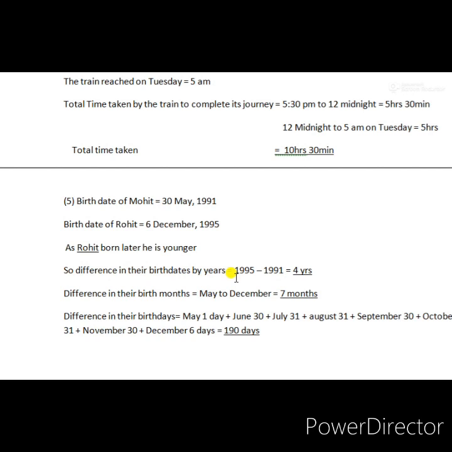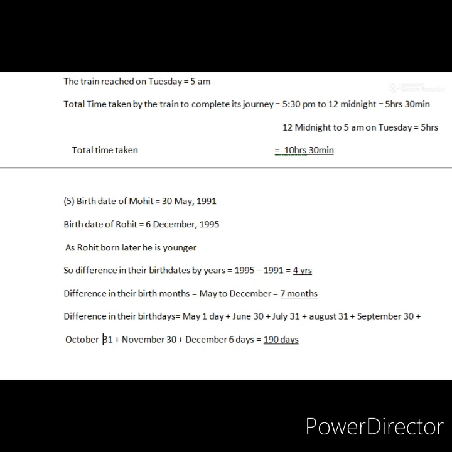Subtract Mohit's year from Rohit's year, that is 1995 minus 1991. 4 years difference is there. So they have 4 years difference in years.